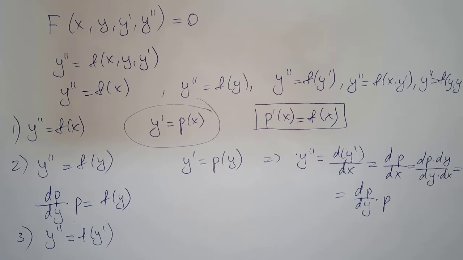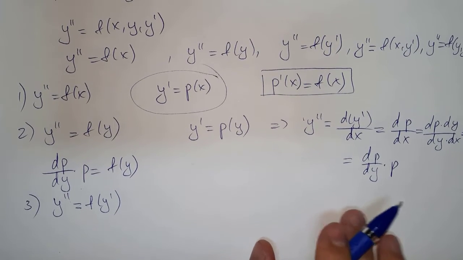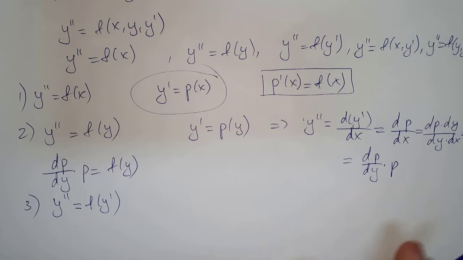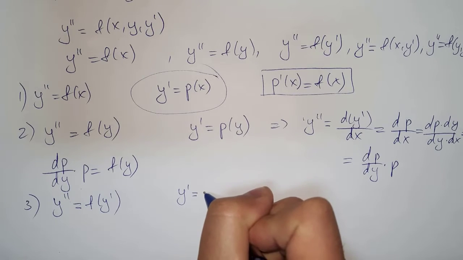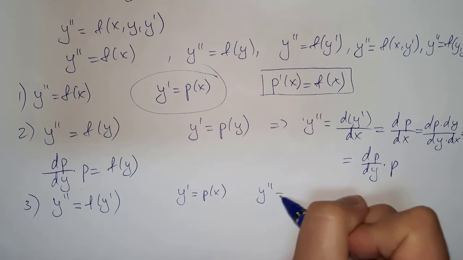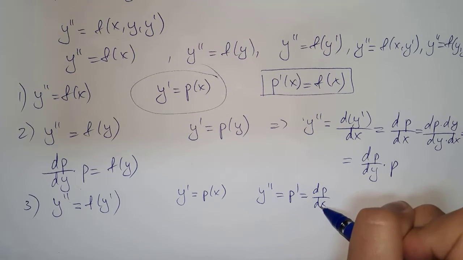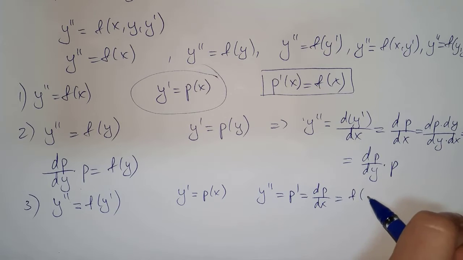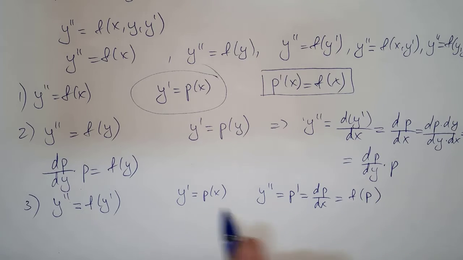In this case, again we introduce the new function, where y prime is p of x, and we obtain the next equation. y double prime is p prime, or dp over dx, because p depends on x, and it is equal to f of p, because y prime is p.